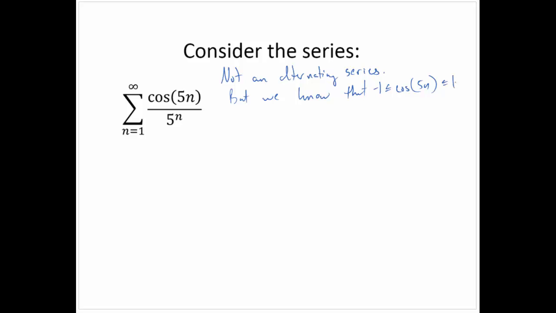And so as n changes, the cosine of 5n changes, and it keeps on moving in between and including -1 and 1. But it's not necessarily alternating. So we cannot use the alternating series test. So what I'm going to do is try to see, is this absolutely convergent? So here's my question. Is it absolutely convergent?